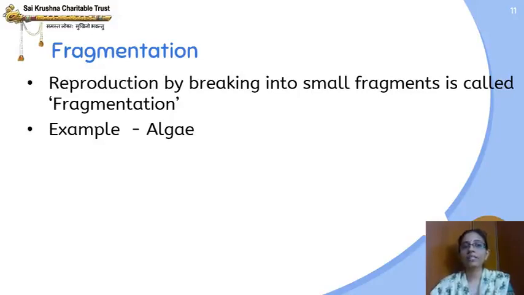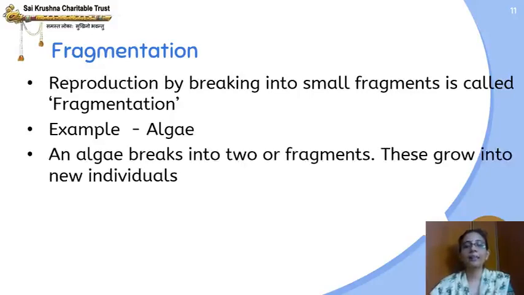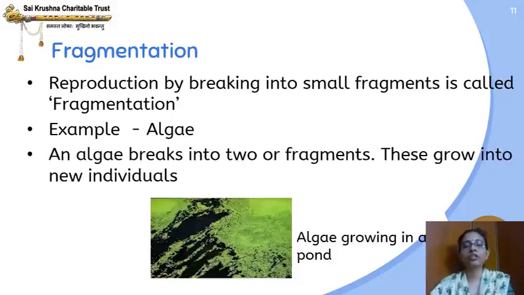You all must have seen this algae in a pond. You must have certainly observed when there is a stagnant water body, you have algae there. Now, how does it reproduce? Each algae breaks into two or many fragments. Now, these fragments grow into new individuals. Then they break again. So, this is how it develops and it spreads throughout the pond or the water body.